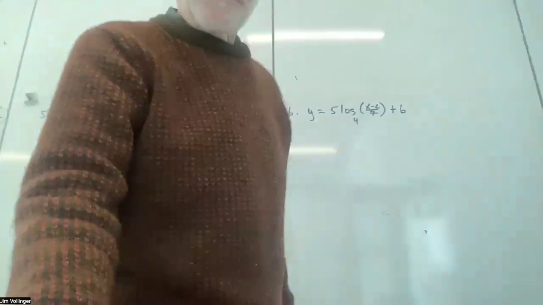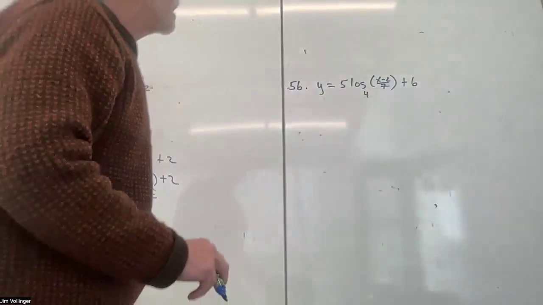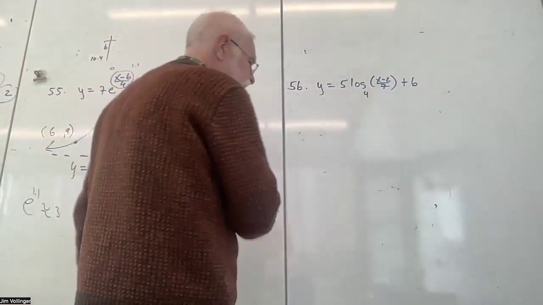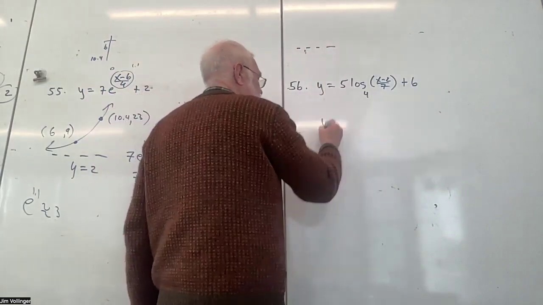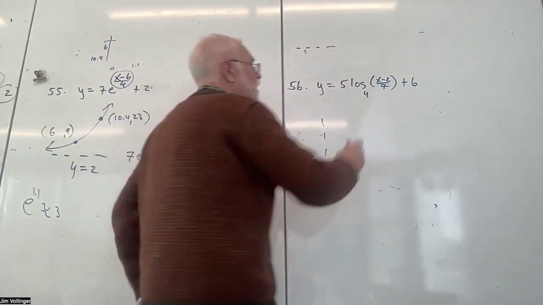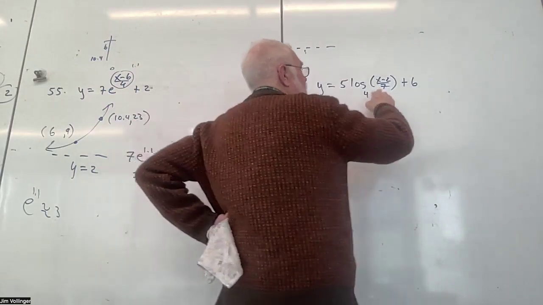All right, number 56. Bring this table over a little bit. All right, so logarithms are the inverse of the exponential. The inverse of a horizontal asymptote is a vertical asymptote. And I think I can see the numbers I want to play with here.